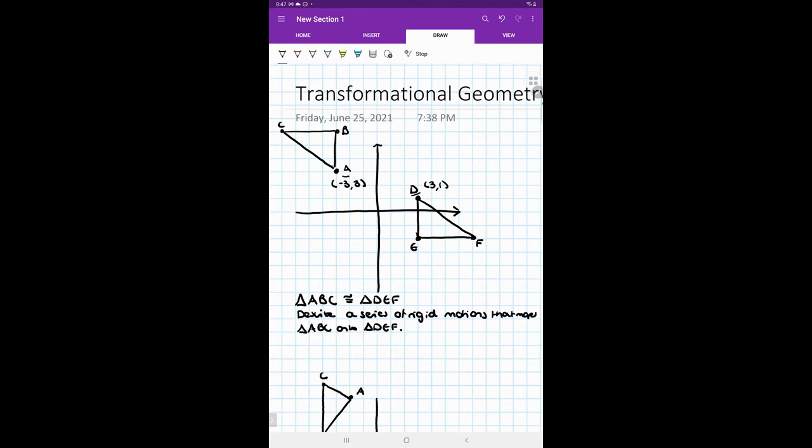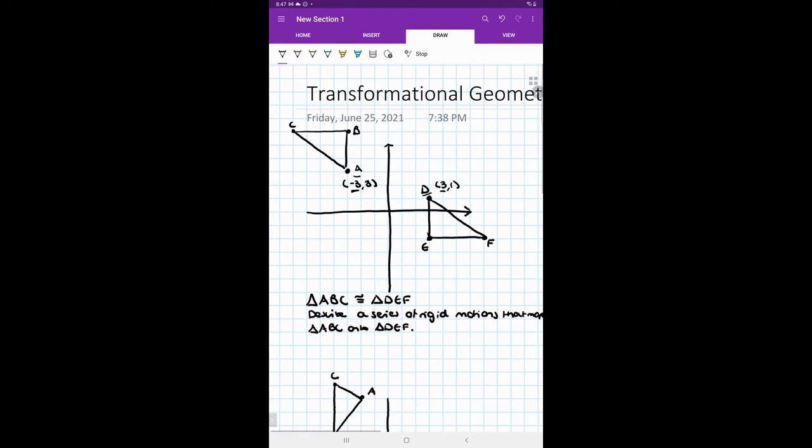One thing that immediately jumps out to me is that the x-coordinate of A is the negative of the x-coordinate of D. Is this the same for all of them? Well, B corresponds to E. Those have the same x-coordinates as A and D, respectively, so yes. And then C corresponds to F. The C coordinate is (-7, 5), and the F coordinate is (7, -2).